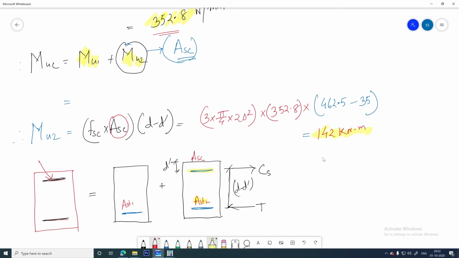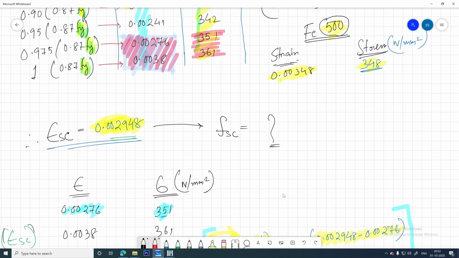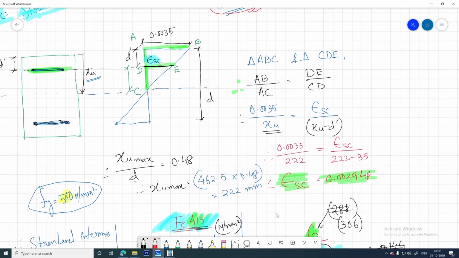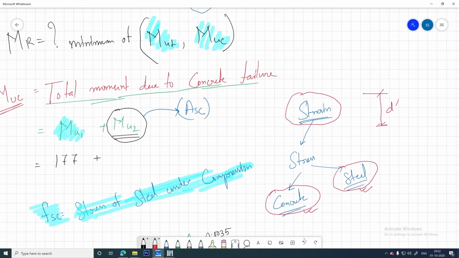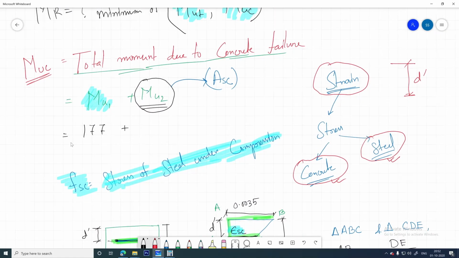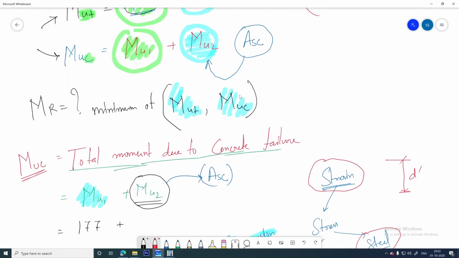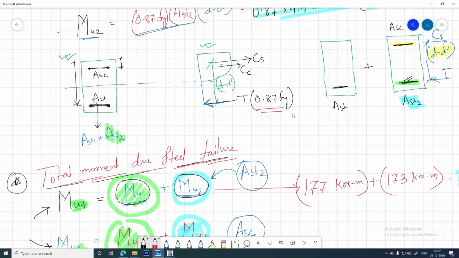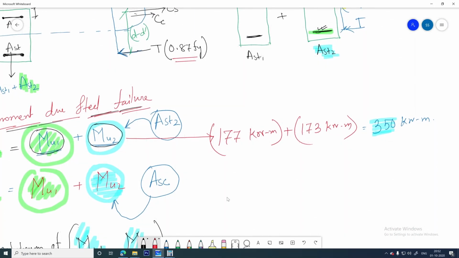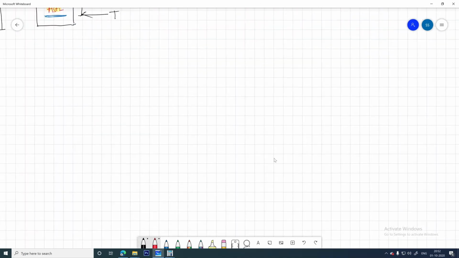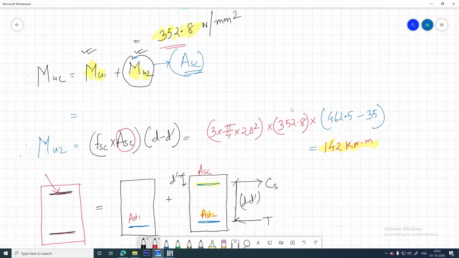Okay, so now we can put the value of MU1 and MU2. MU1 is how much? It will be similar to the previous value. I forget that. I think 173 most probably. Yes, sorry, 177. MU1 is 177.